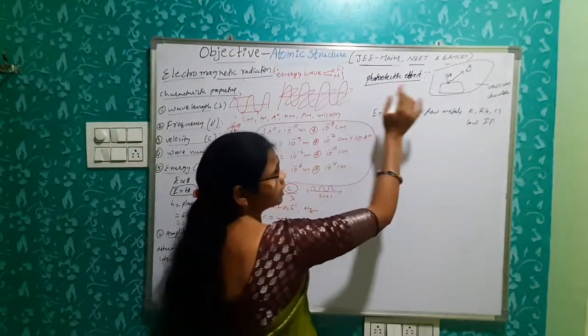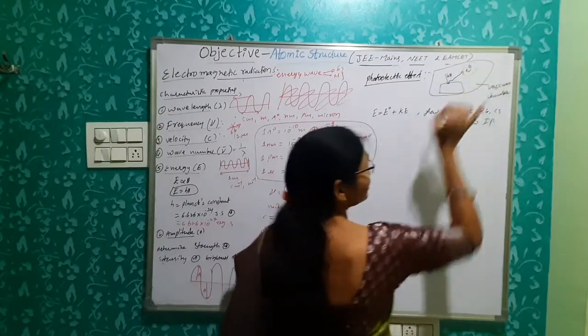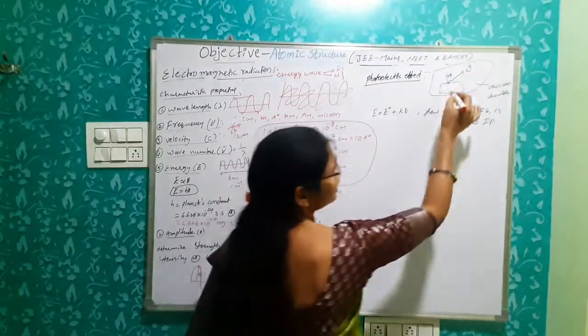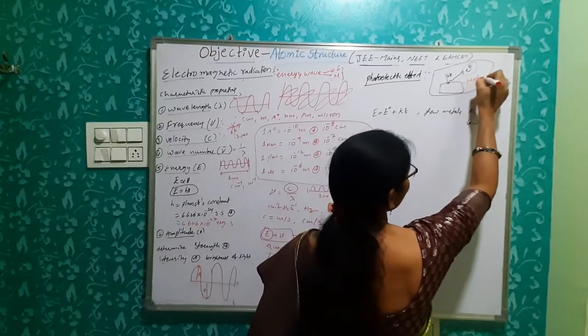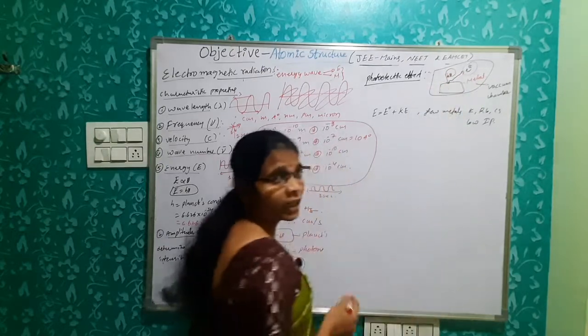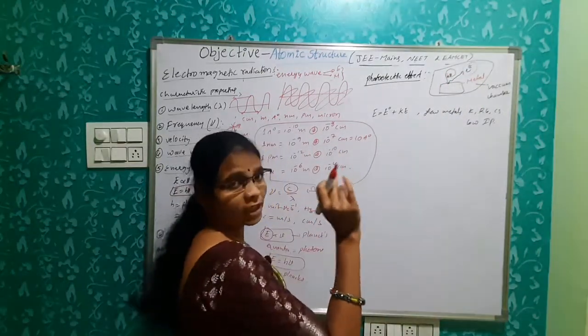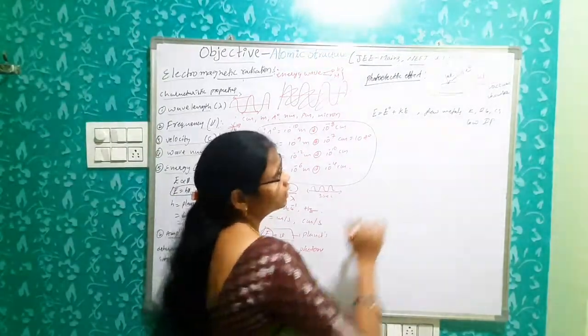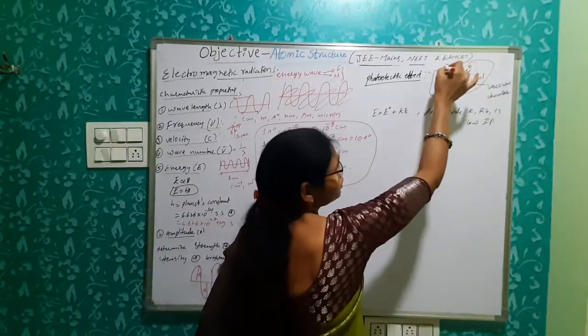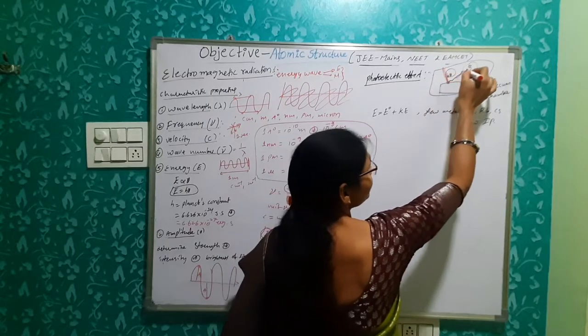So photoelectric effect, how to define it simply? The ejection, or removal, of electrons from a metal surface when light of suitable frequency falls on it or strikes it. So that is the photoelectric effect. Okay. In a vacuum chamber, if light of suitable frequency falls on the metal surface, then that metal can eject electrons.